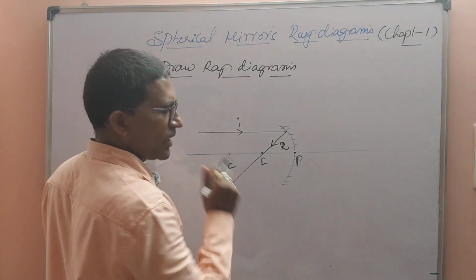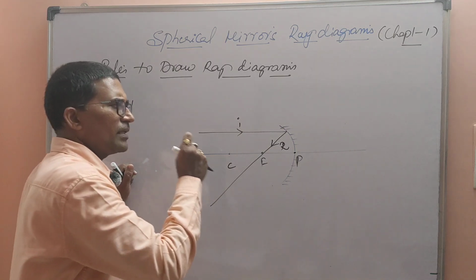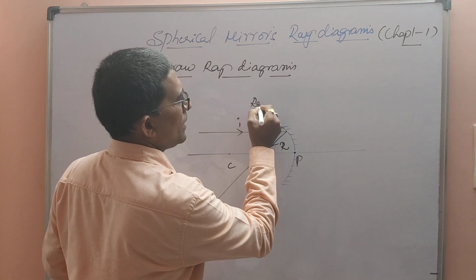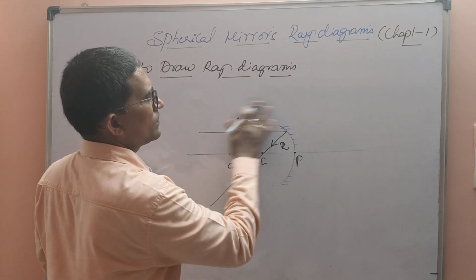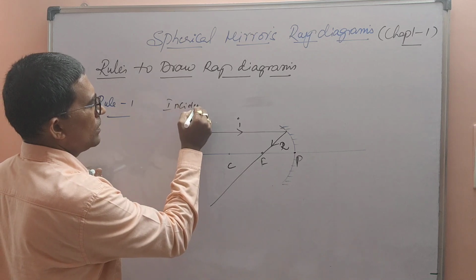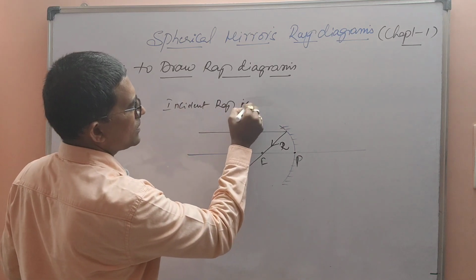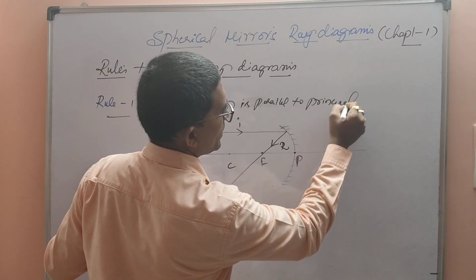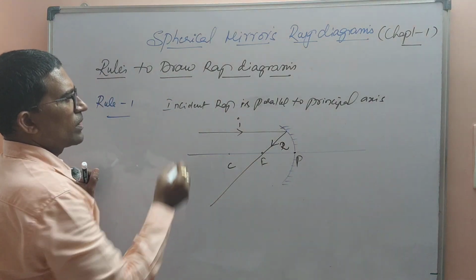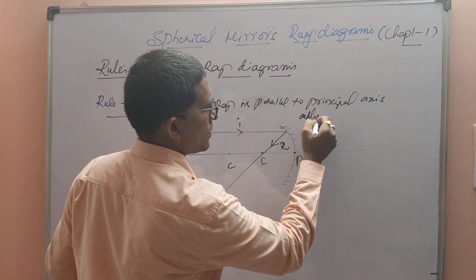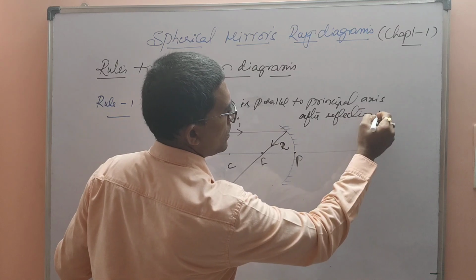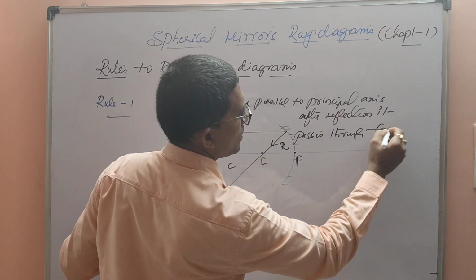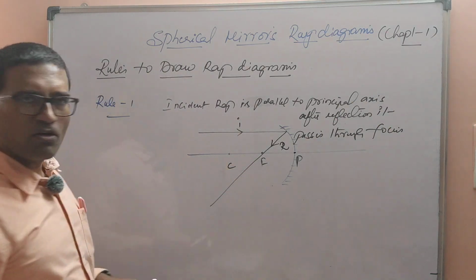In rule 1, whatever the ray may be, if the incident ray is parallel to the principal axis, after reflection, it passes through the focus. So this is the first rule.